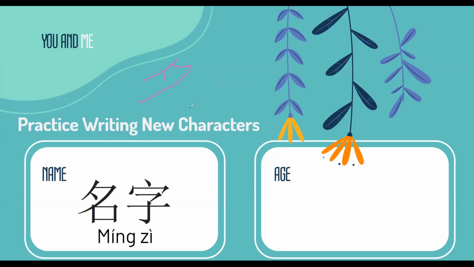It kind of looks like an eye to me a little bit. You'll see this in a lot of words, including the next word, age, and we have a square underneath. Then this is 名, and then to 字, we have this, like a little rooftop almost. So that's 名字.